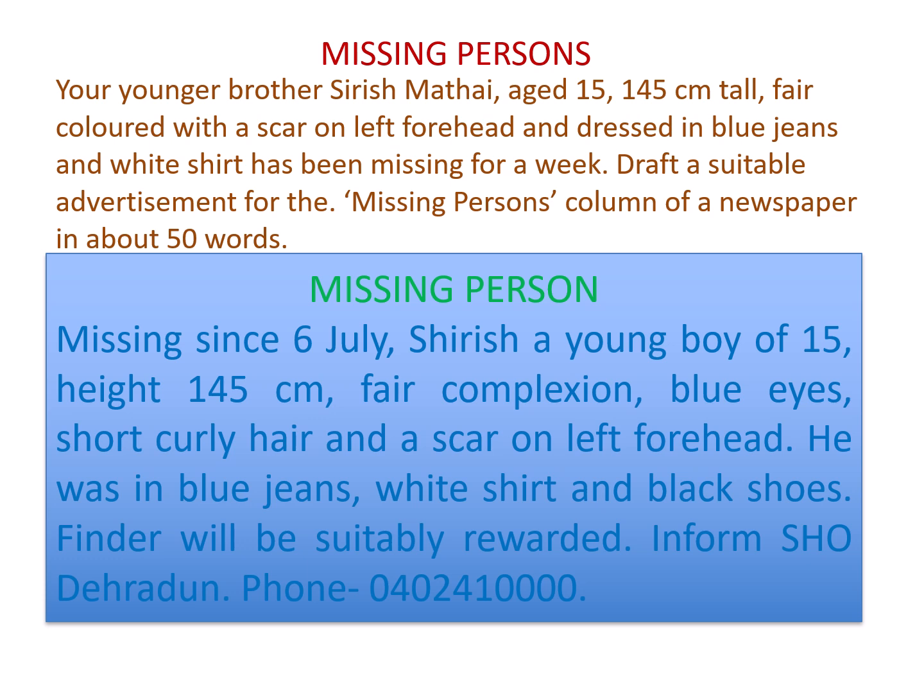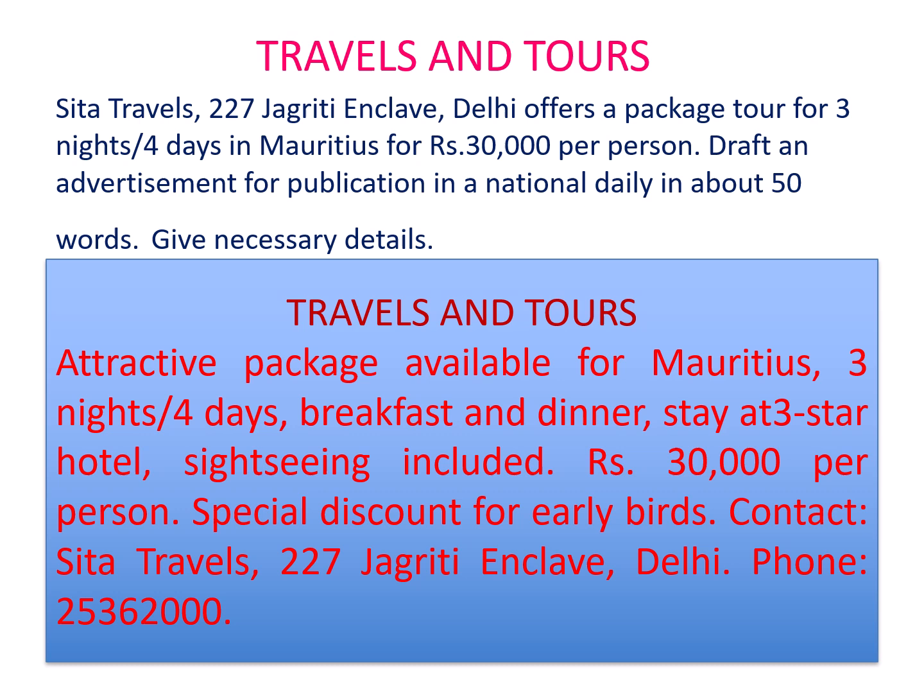Missing since the 6th of July, Shirish, a young boy of 15, height 145 centimeters, fair complexion, blue eyes, short curly hair and a scar on left forehead. He was in blue jeans, white shirt and black shoes. Finder will be suitably rewarded. Inform SHO Deraden. Phone 040-241-0000.